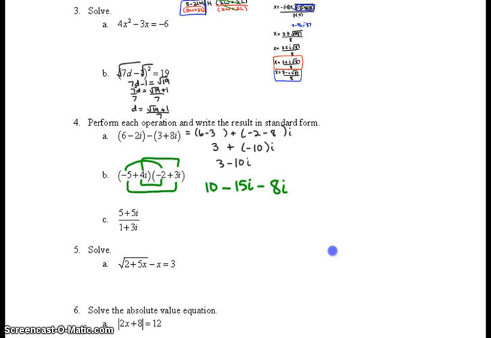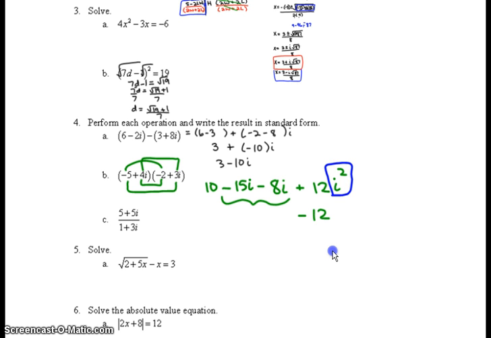And the last two terms are 4 times 3, which is 12, and i times i is i squared. Remember that i squared represents negative 1. So this is 12 times negative 1, which gives us a negative 12. So we really have minus 12 right here.